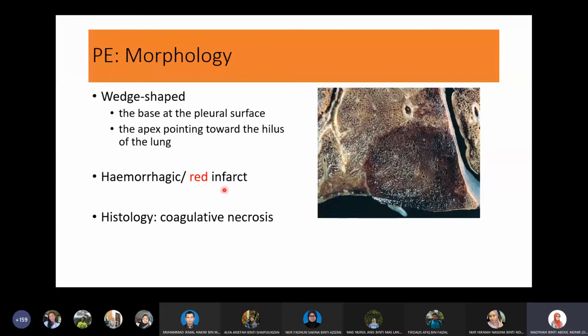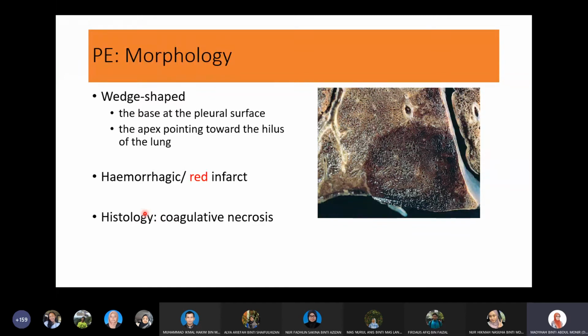Please remember, red infarct. Why does the lung have a red infarct? Because it has dual circulation. There are other organs also which have red infarcts. And the histology, if you see under the microscope, shows ischemic coagulative necrosis.